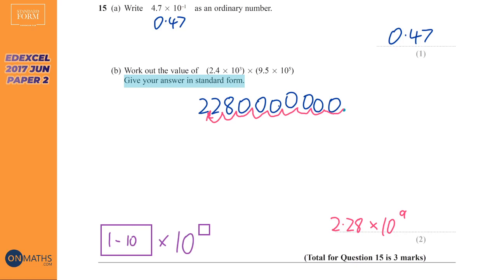There's one little bit left to check: if the number is really big, like this number, then this power is going to be positive. If the number's really small, say if we were converting this number here to standard form, this power will be negative. So big numbers get a positive power, and really small numbers get a negative power.